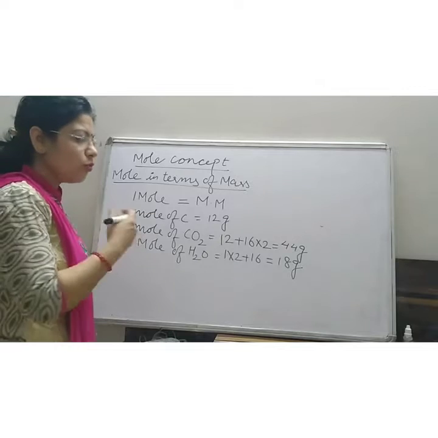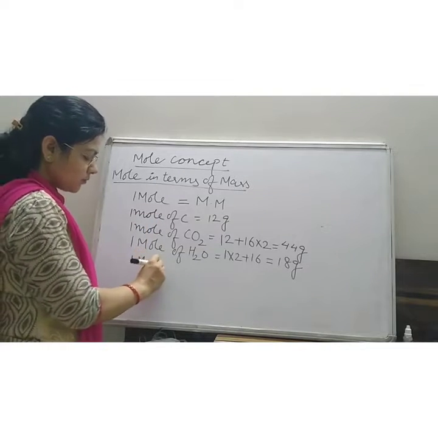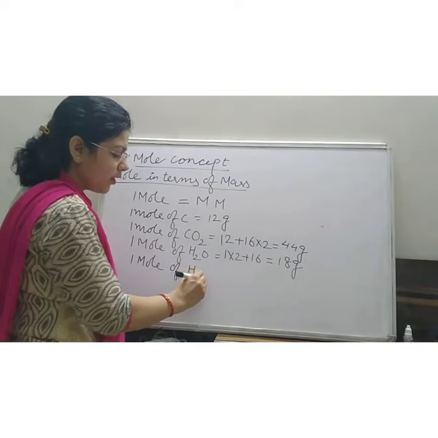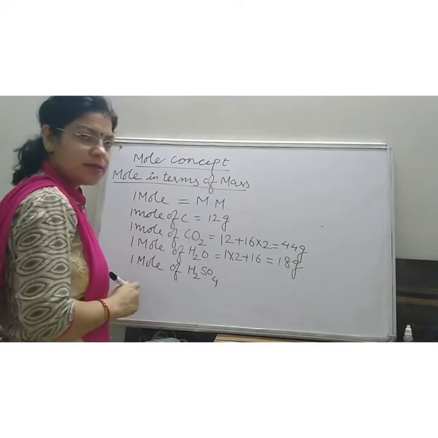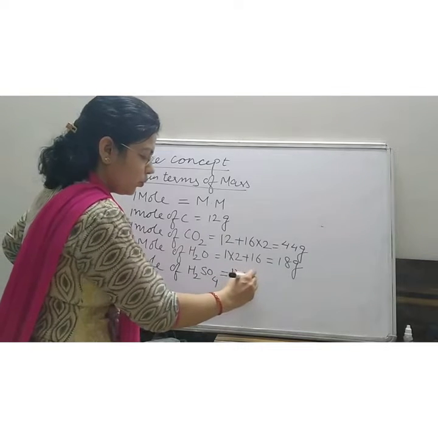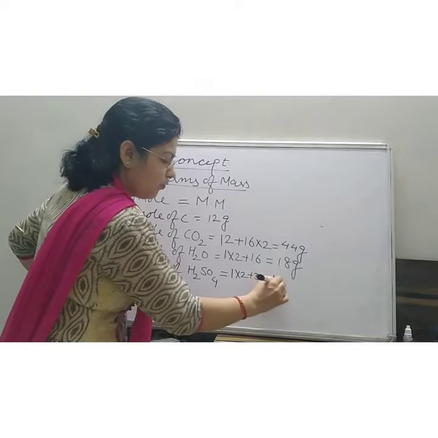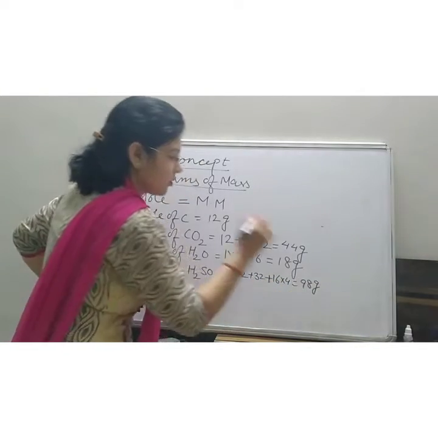Similarly, if we want to measure the mass of more compounds such as 1 mole of sulfuric acid, here sulfuric acid is H2SO4 and its mass is 1 into 2 plus 32 plus 16 into 4, that is 98 grams.